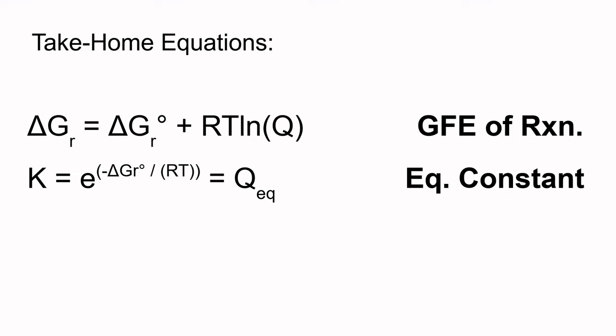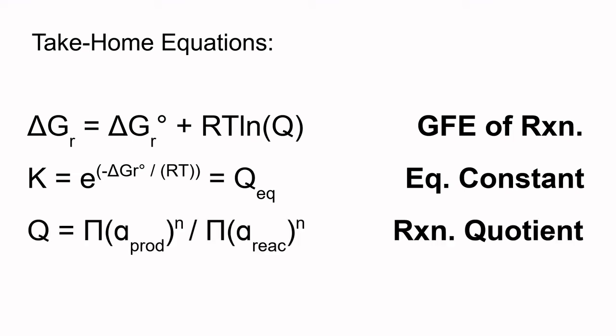Finally, to express Q in any given reaction, the reaction quotient, you simply multiply all the activities of the products together raised to their stoichiometric coefficients, and then divide that by multiplying all of the activities of the reactants together raised to their stoichiometric coefficients. So for any given chemical reaction that you've described in an equation, you can determine the reaction quotient for this equation, as we've seen in a few examples.